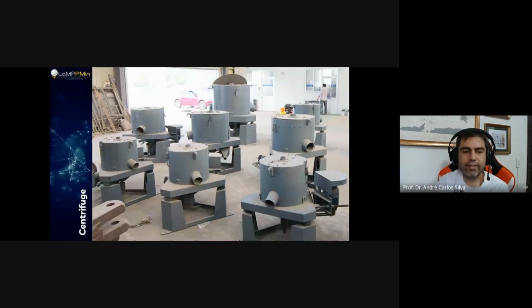Last but not least, centrifuge and centrifuge concentrators. So if you go to artisanal mines in Brazil, I'm talking about gold, you're gonna see this. Guys love this. So in the beginning, and eventually even nowadays, you're gonna see people using mercury, okay?